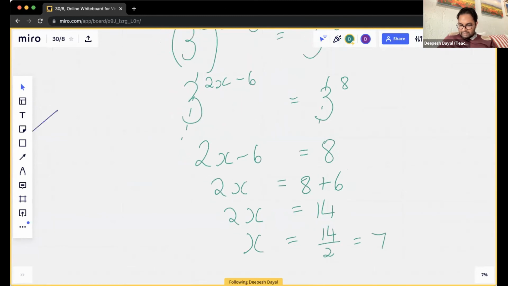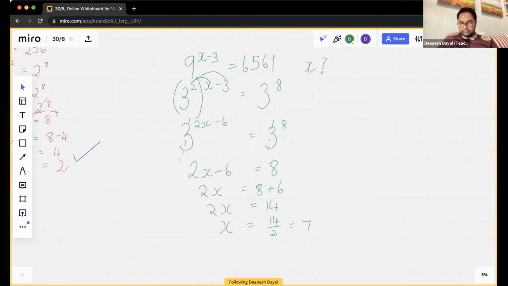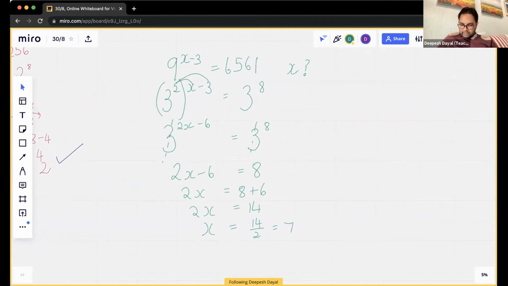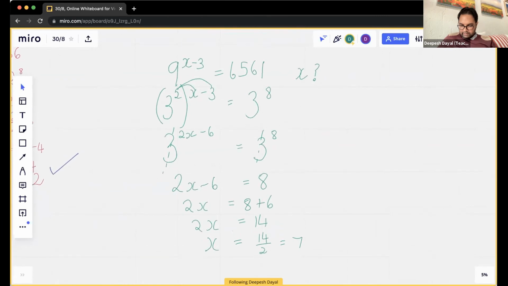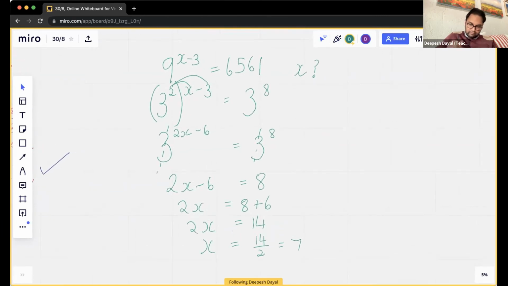And the answer is 7. Right? So it's x equals 7. X equals 7.